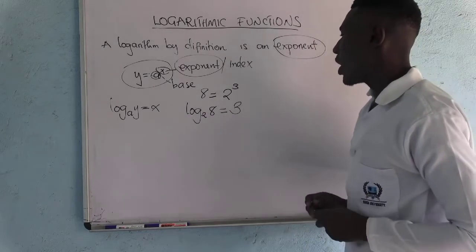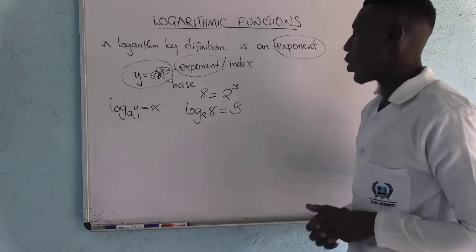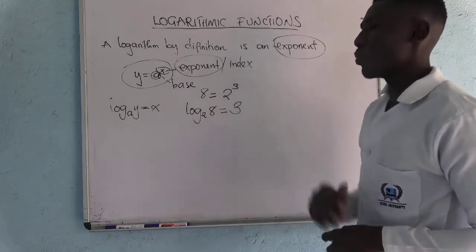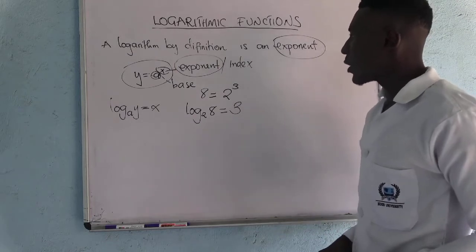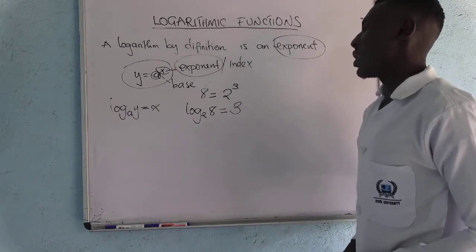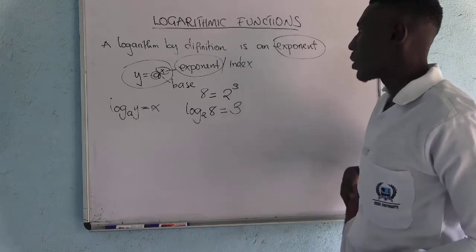So if we apply the laws of logarithms, we get log of 8 base 2 equal to 3.